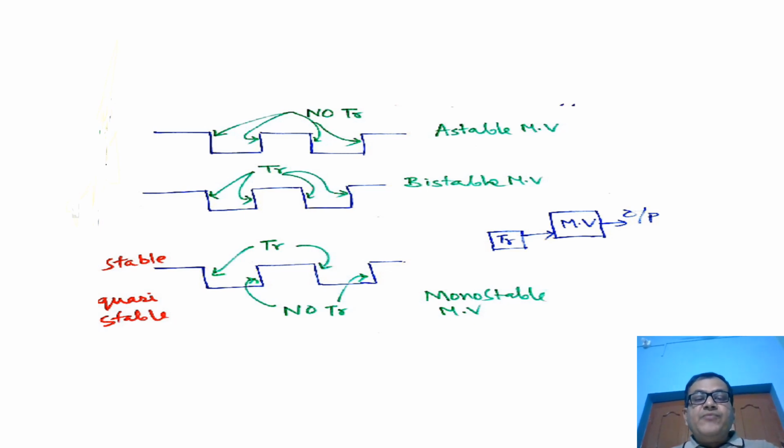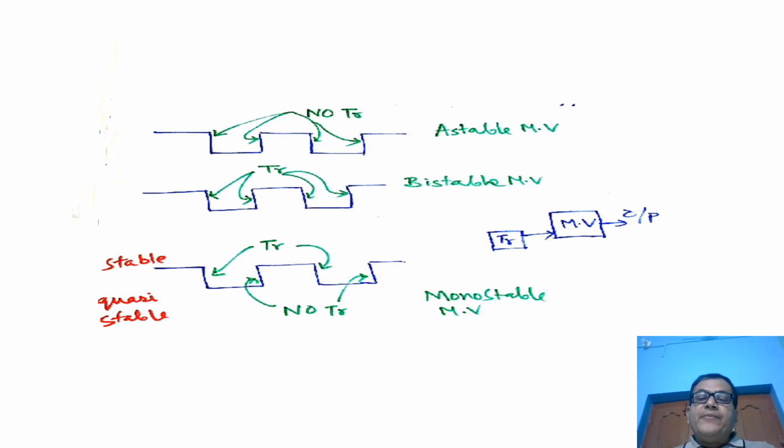Now switching from 1 to 0 or 0 to 1, in case of astable multivibrator, doesn't require any external triggering pulse. In this picture, if we consider it is a multivibrator and the output can be obtained from this point, there may or may not be an extra triggering circuit.